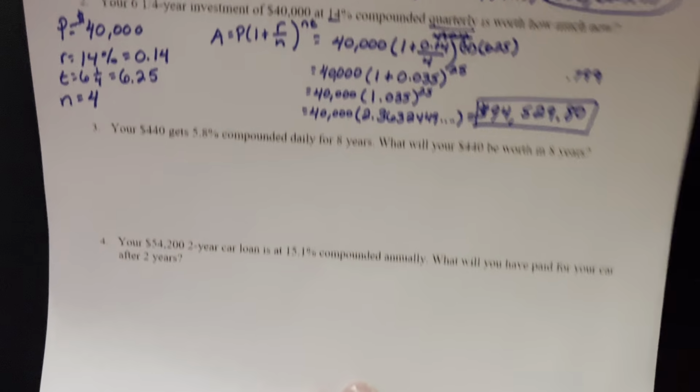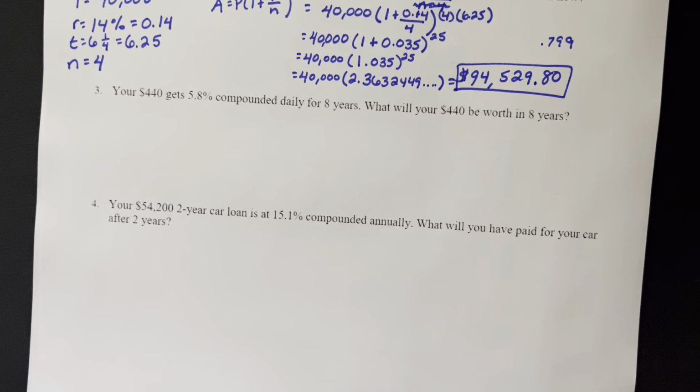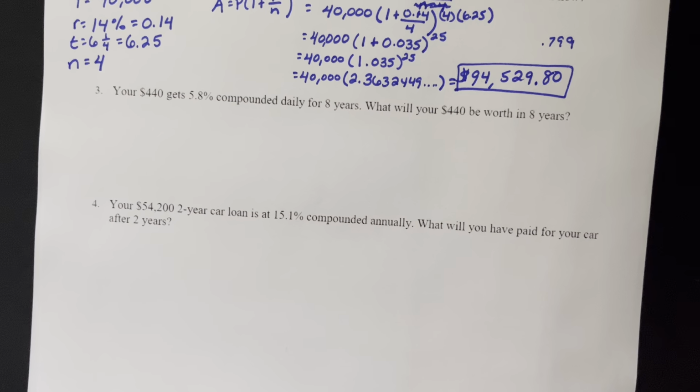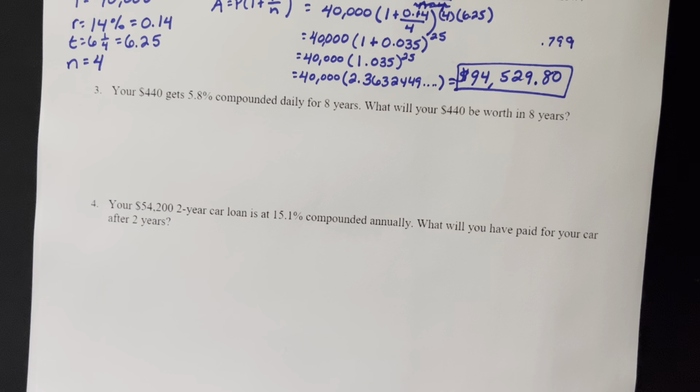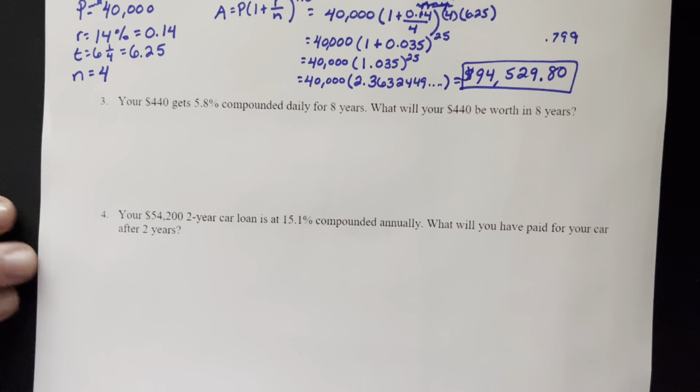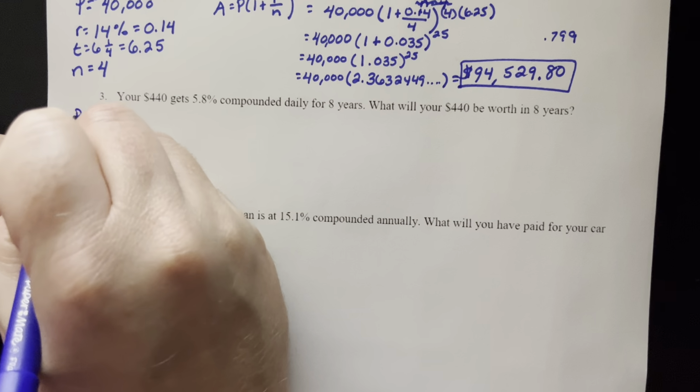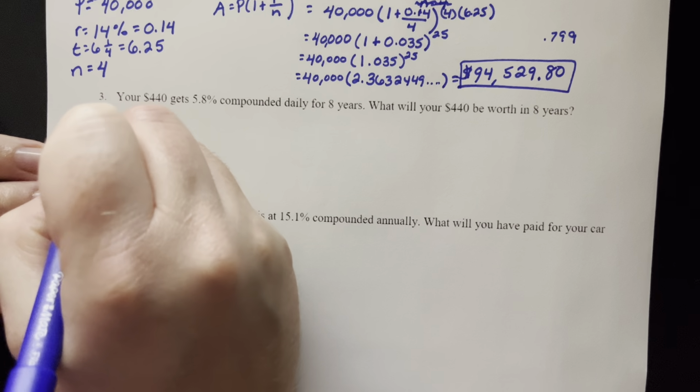Let's do two more. So your $440 gets 5.8% compounded daily over 8 years. What will your $440 be worth in 8 years? So let's list out our information. The principal was the original $440.